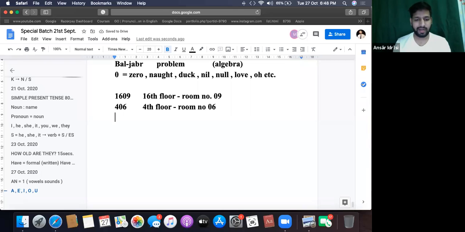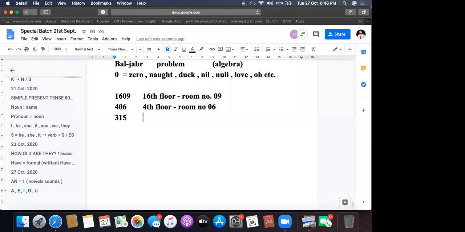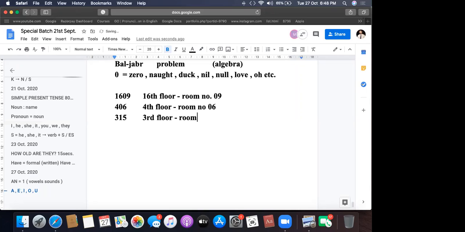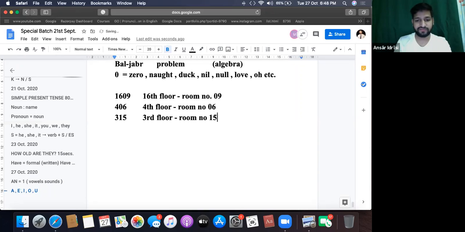Next one. अगर आप लोग का रहा कभी room 315 means what? ये आपके टेप स्ट्रिप्स के अंदर है. Room 315 please. 3rd floor. Correct. Room number 15.